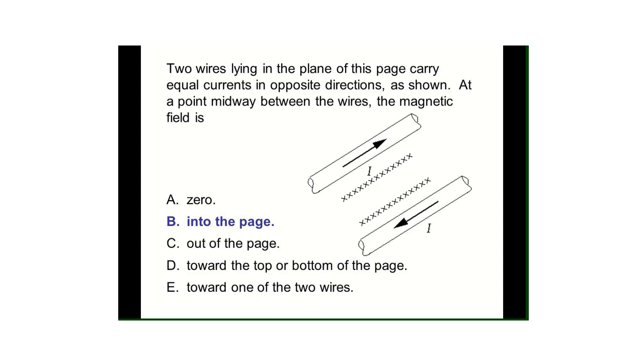Then by using your right hand, you can determine that the magnetic field in between these two wires is into the page. You can use your right hand to prove this. I hope that you can easily determine the direction of the magnetic field after you understand right-hand rule 2.